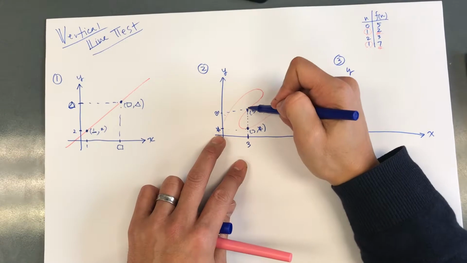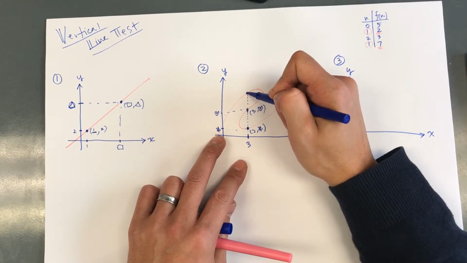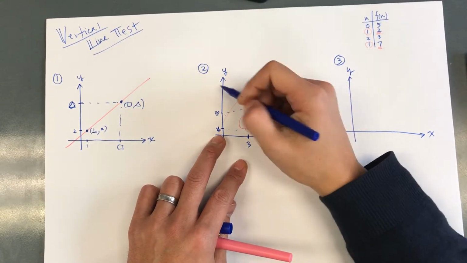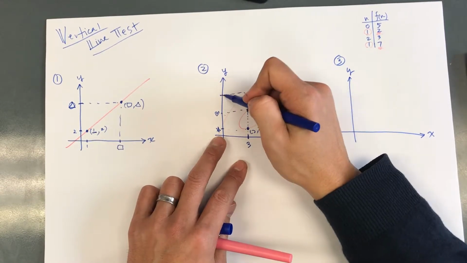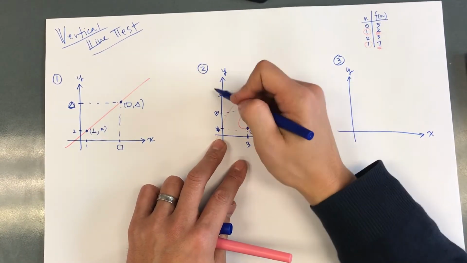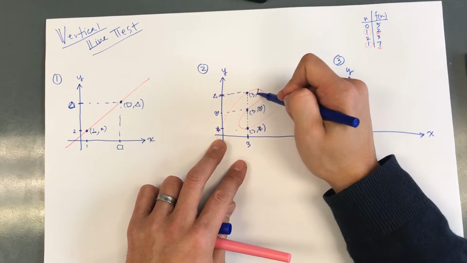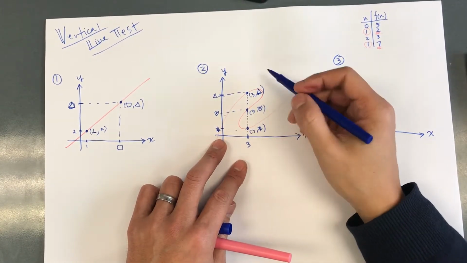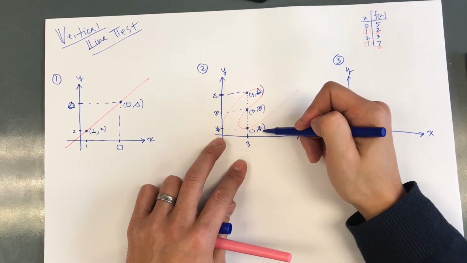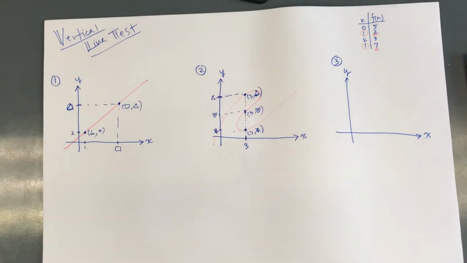It's not going to be the same y coordinate. As a matter of fact, you have another point for 3, right? So this means that for this input 3, you have 3 different outputs. That's going to make no sense.